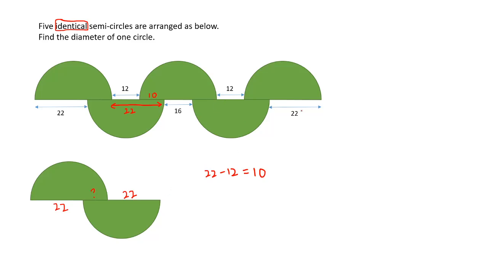If this part is 22, that means this part is also 22. Now if this part is 22, this part must be 10 again, because 22 minus 12 will give you 10 again. Then 10 plus 16 plus 10 will give you 36.